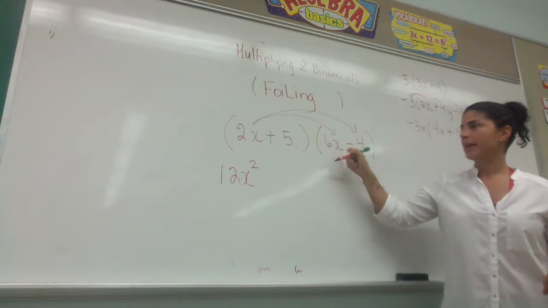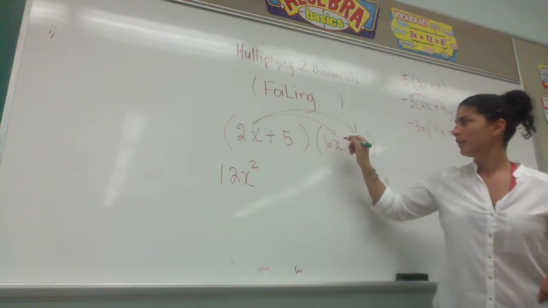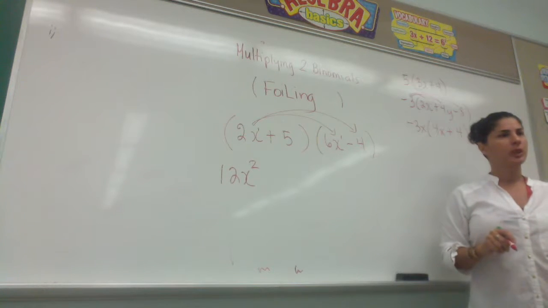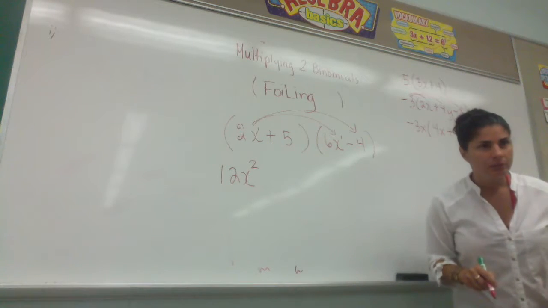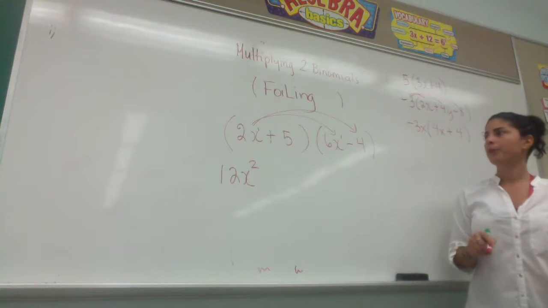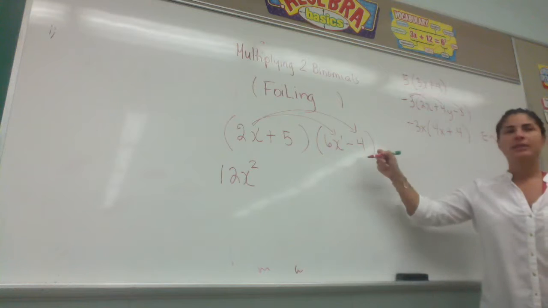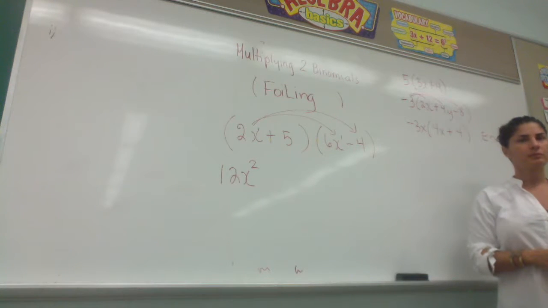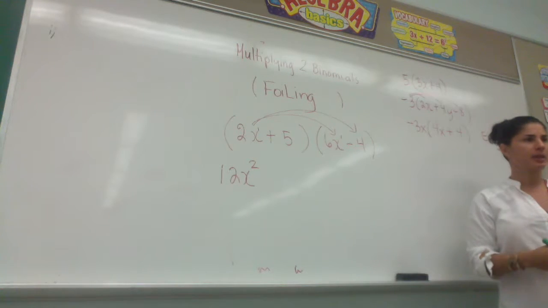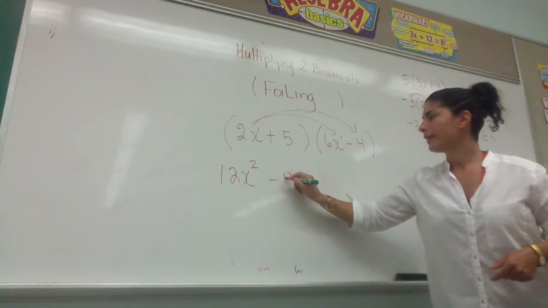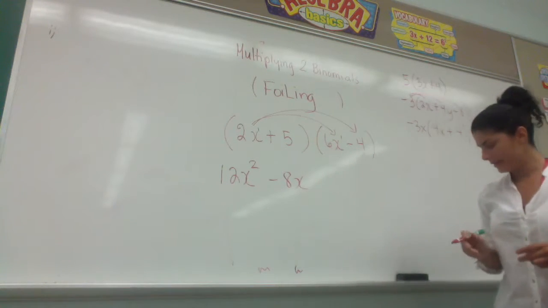X times x, we do 1 plus 1 is 2. Good? Next, 2x times -4. -8x. Amazing.